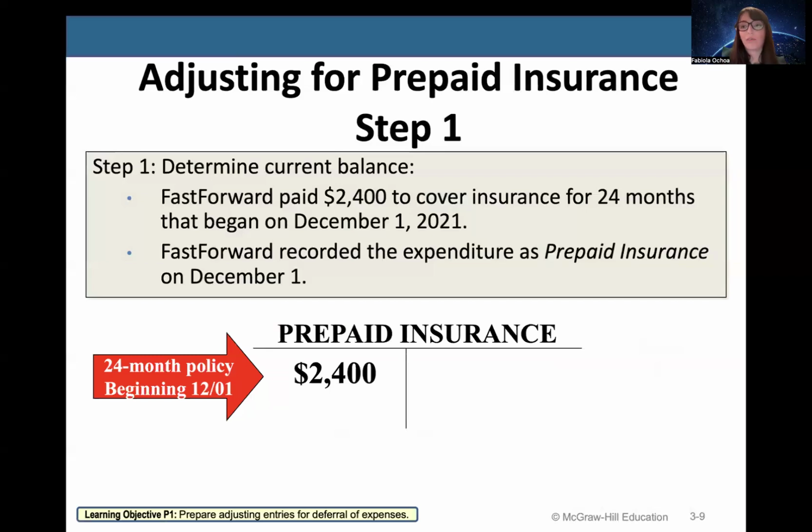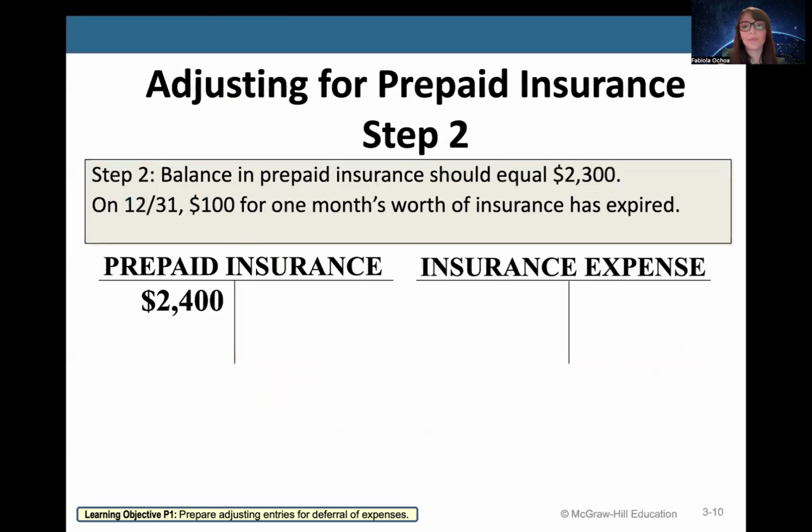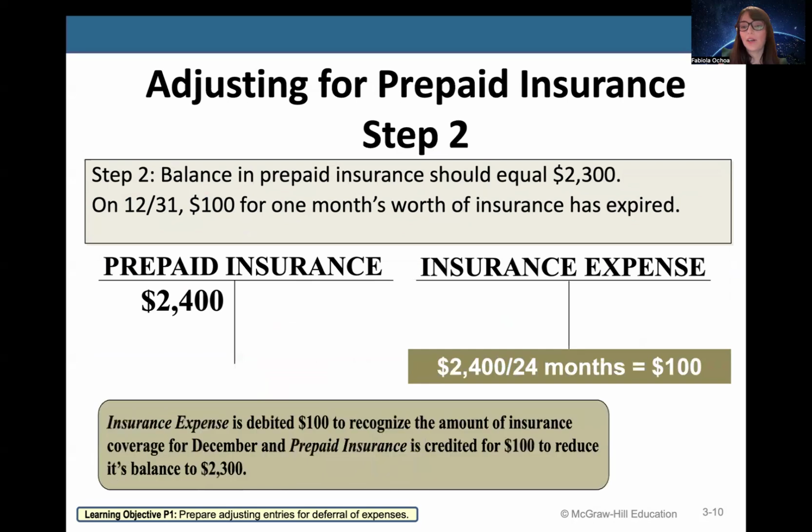So $2,400 was paid up front that has not yet been accrued for. So step two would be to determine what the account balance should equal. Towards the end of December, now 1 month of this prepaid insurance policy has been used, or $100.